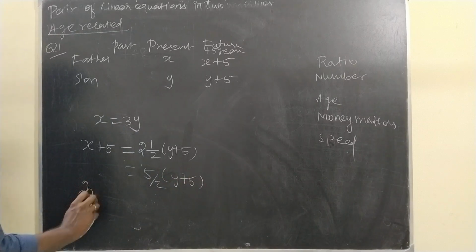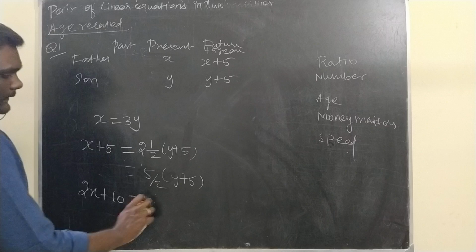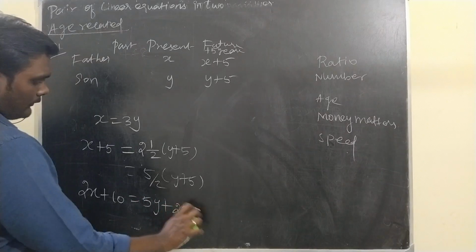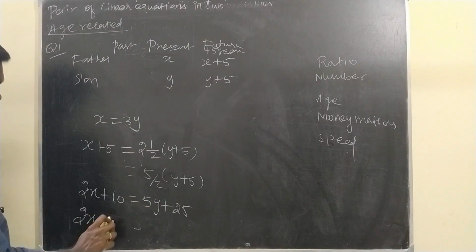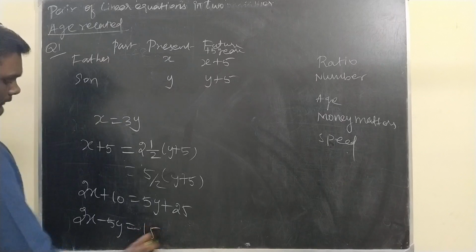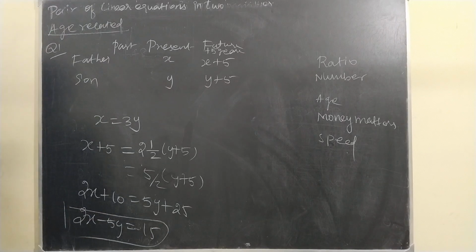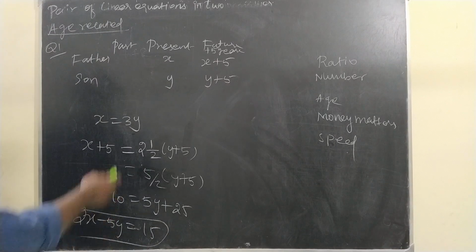Then we have 2x plus 10 equals 5y plus 25, so 2x minus 5y is equal to 15. This is equation 2, that is equation 1. We have to substitute that here.